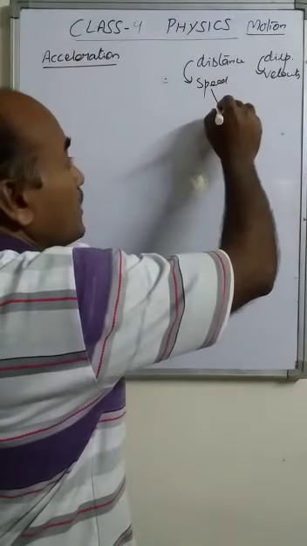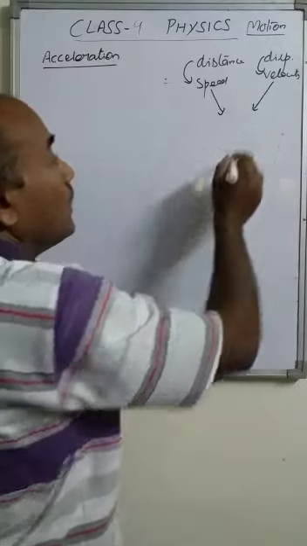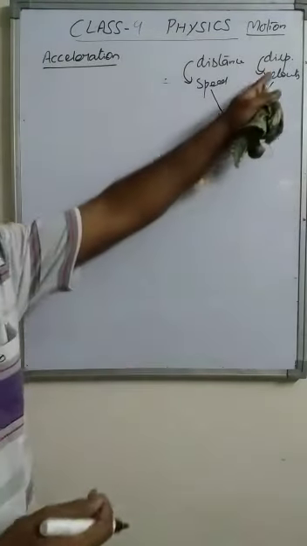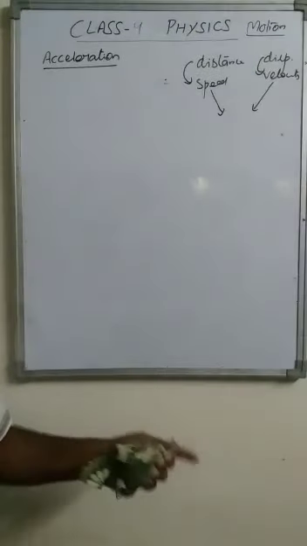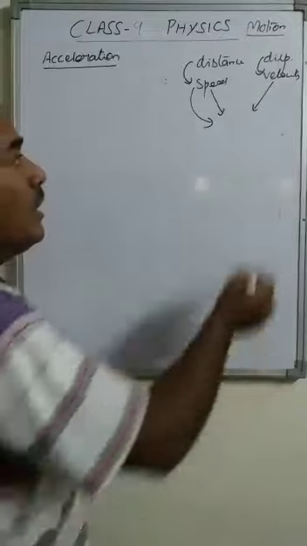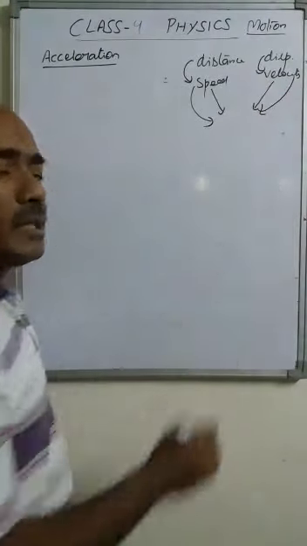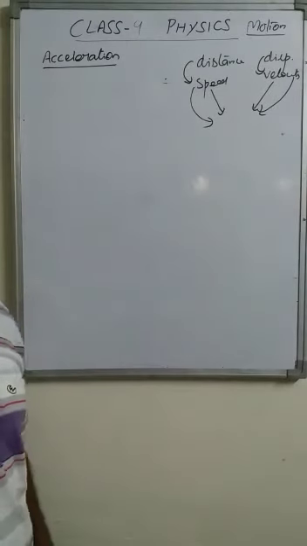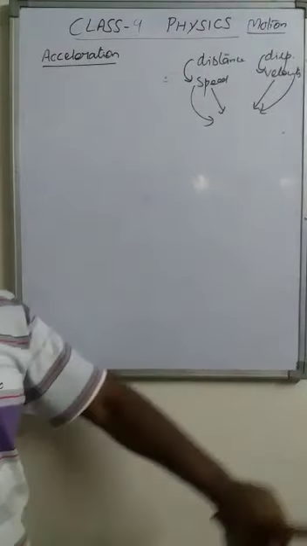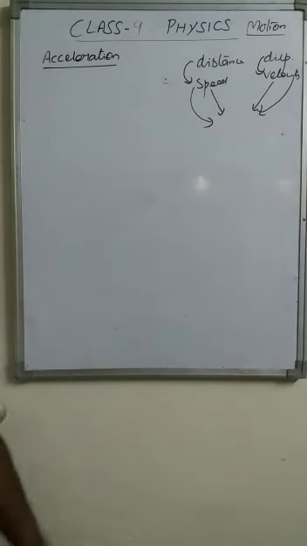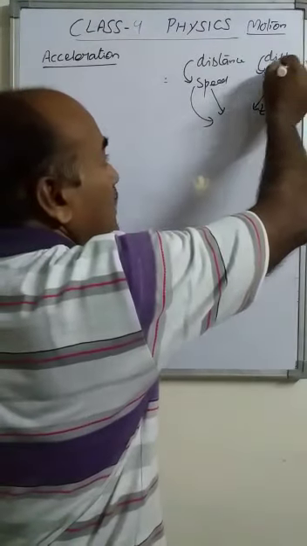Here, if we change the speed or velocity with respect to time, if the speed changes with respect to time, if the velocity changes with respect to time, that means whenever anything is moving, generally we should say it is the change in velocity.